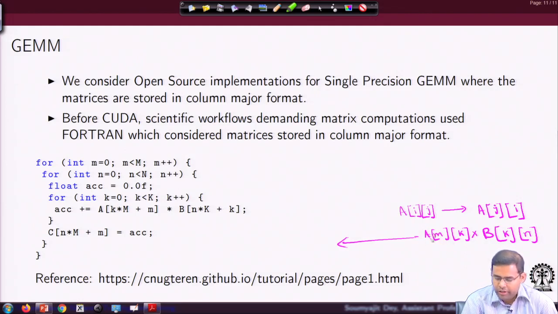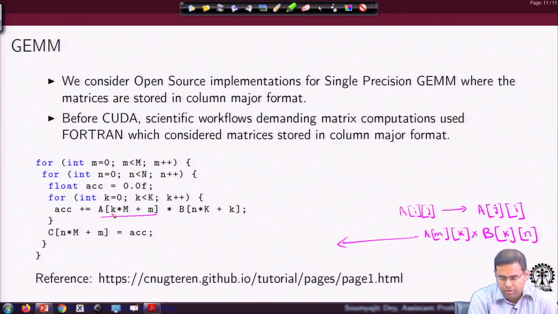Since we are taking it column major, we have to think of the a k m entry. That means, basically the mathematical location is a m k, but in our memory, where the storage is in column major fashion, the element to access must be the other way around.